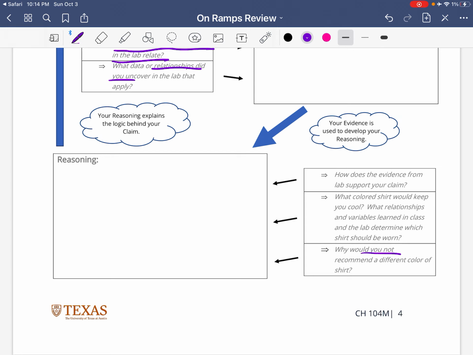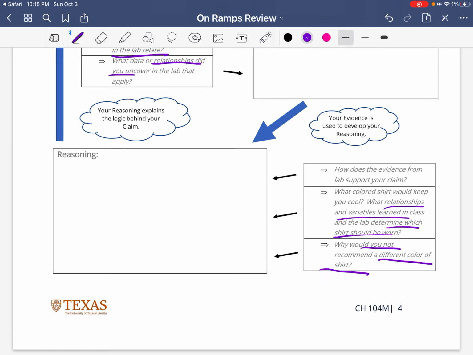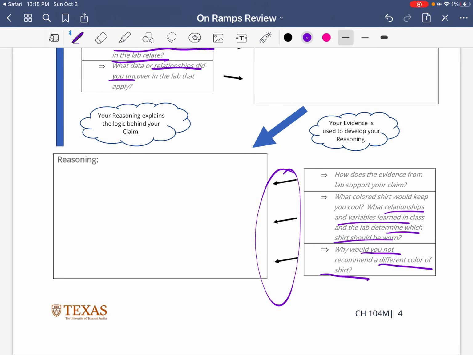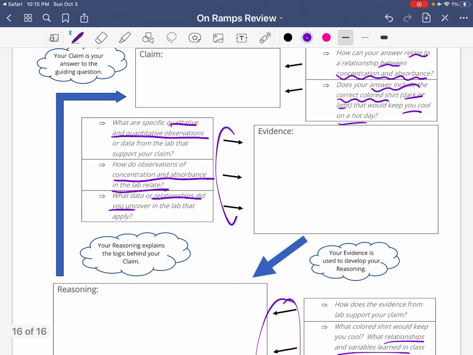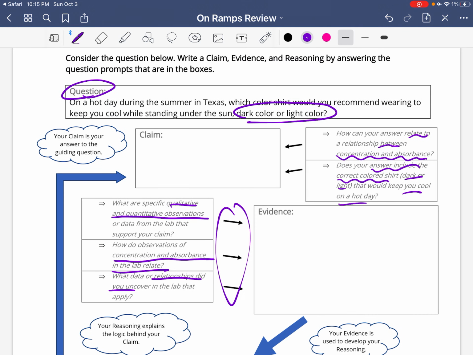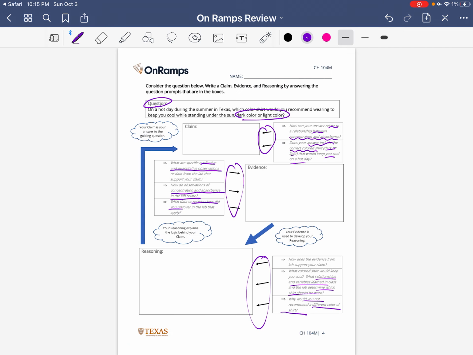And then why would you not recommend a different color of shirt? What relationships and variables in the class determined which shirt you would wear. So answer all three of these to get a good score on reasoning. Answer all three of these to get a good score on evidence. And answer both of these to get a good score on claims.